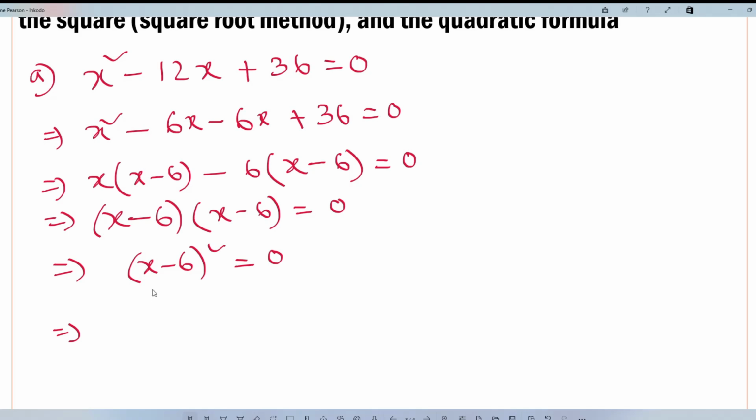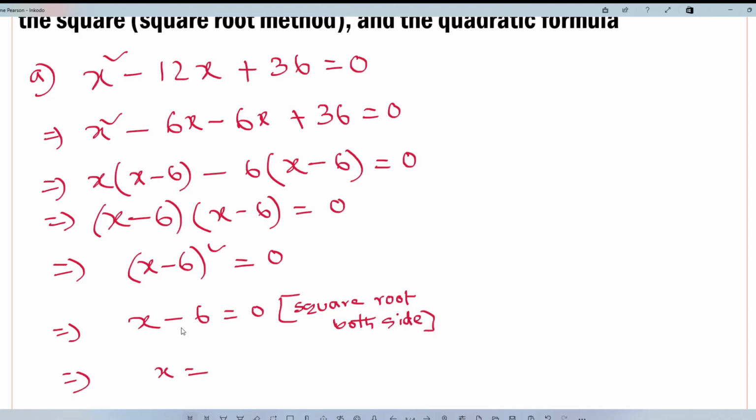If we take the square root on both sides, we will get x minus 6 equals 0. Now look, here x equals, once we move the term, minus 6 will become 6. This is the answer.